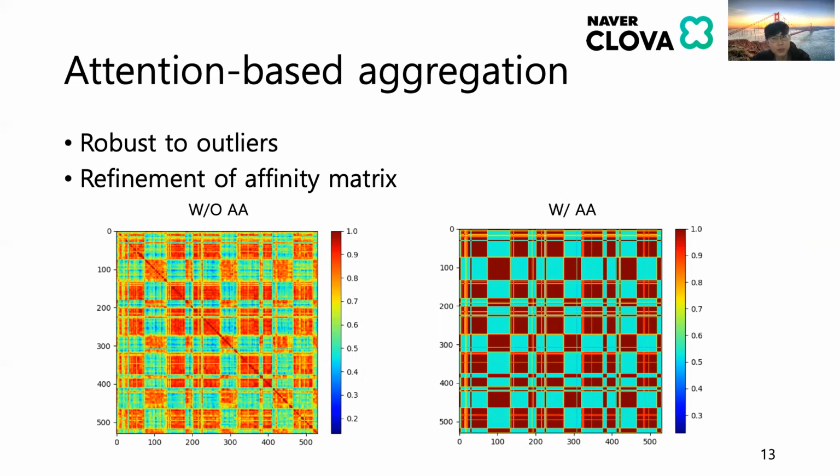These two figures show the effect of the attention-based aggregation technique on the affinity matrices. We could find that most of the noise in the affinity matrix was removed by this technique. Such an effect would be useful for most clustering methods which are performed using the affinity matrix.